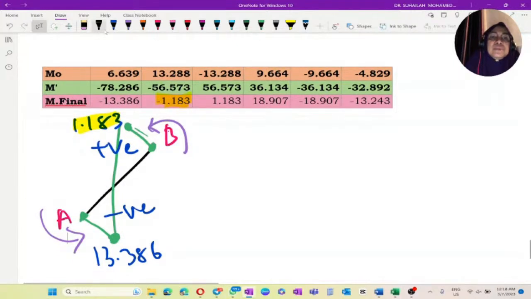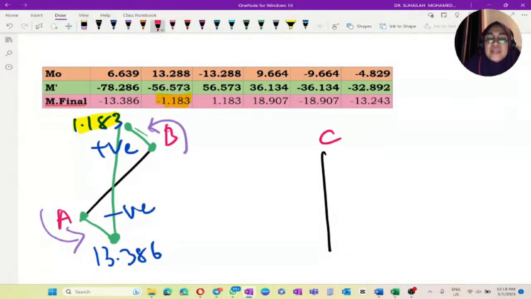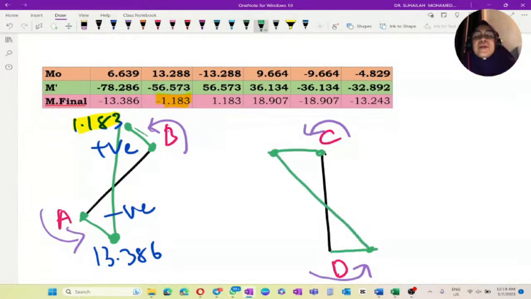It is a column, so column CD is like this, with C and D. Looking at the moment direction, it is negative, negative, negative, and negative, which means we draw the points based on the arrow and join the dots. So this is negative here, and this is positive.